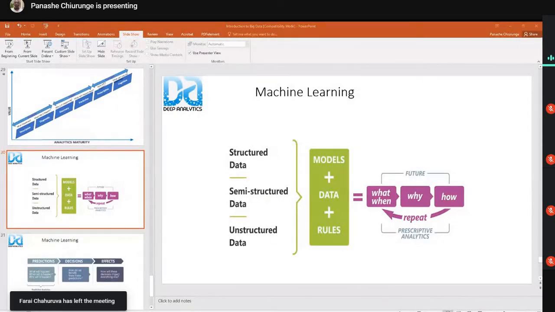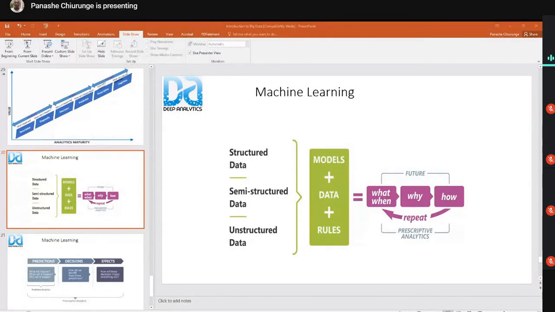So we spoke about structured data, semi-structured, and unstructured data. Looking at prescriptive analytics, you take structured data, semi-structured data, and unstructured data. You then use that to build a model.